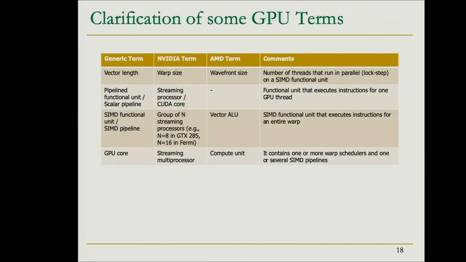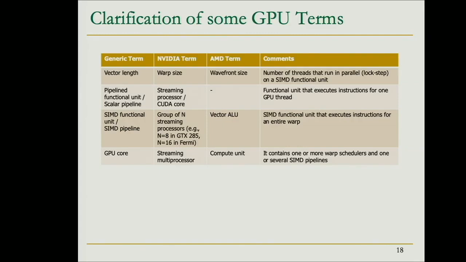This slide, very quickly, is just for you to have as a reference, because as you can see, I'm mixing a lot of terminology here. I'm talking about the NVIDIA terminology. I could also talk about AMD terminology, and then we have the generic terminology, which is what we would really need to use, but it's also good that you are familiar with the terminology of the different vendors. This is for your reference.